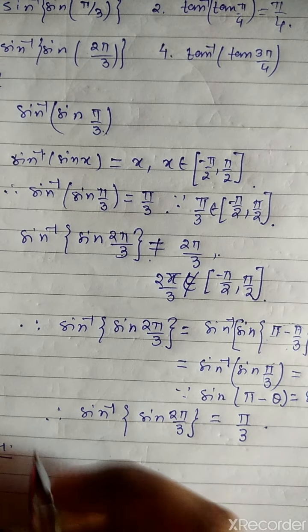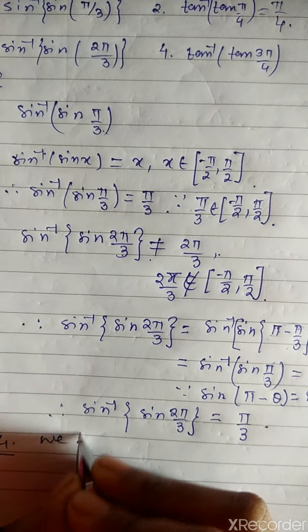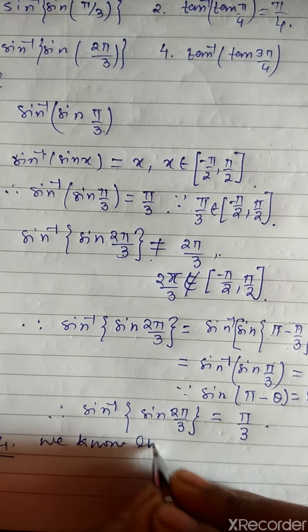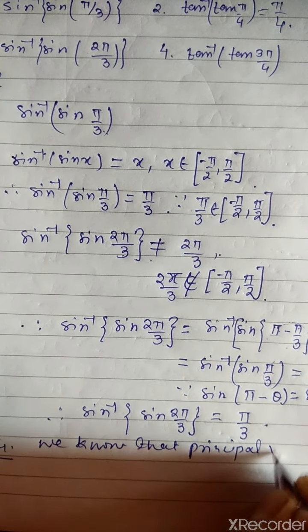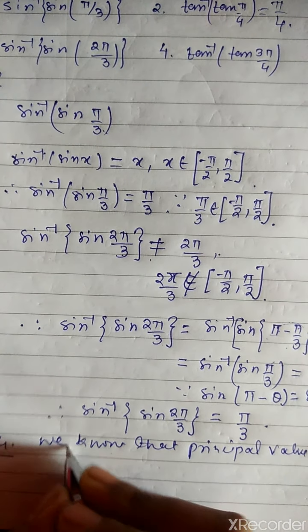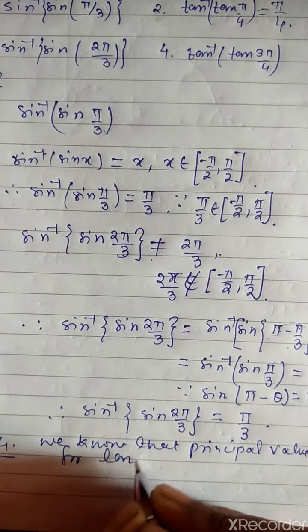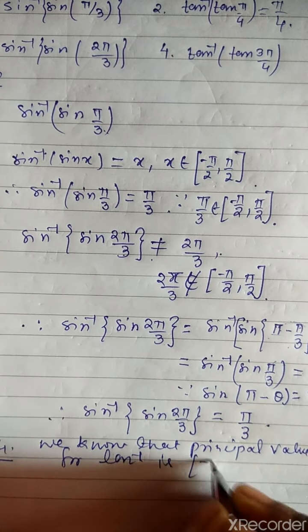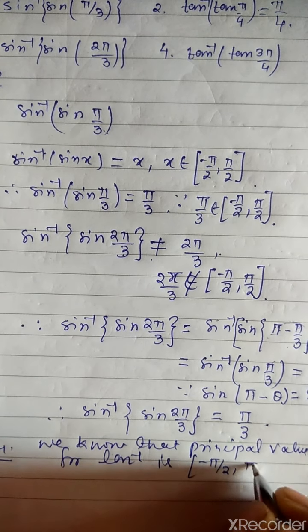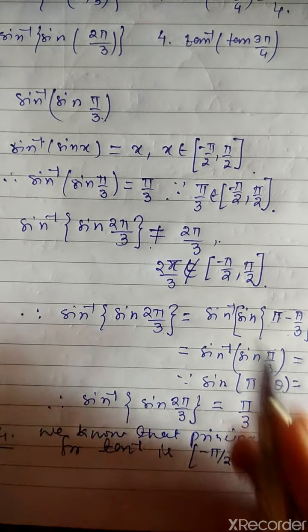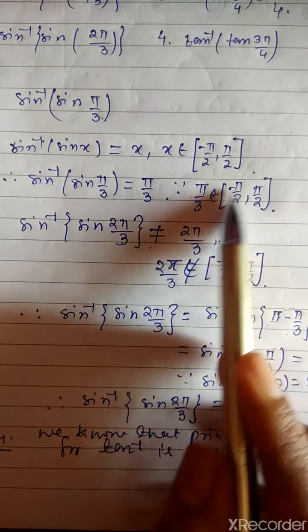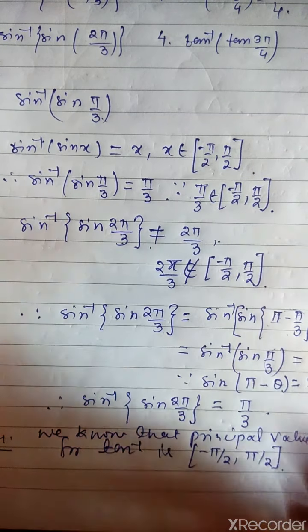For the fourth one, we know that the principal value for tan inverse is minus pi by 2 to plus pi by 2. So again we change this value so that it lies in this range.